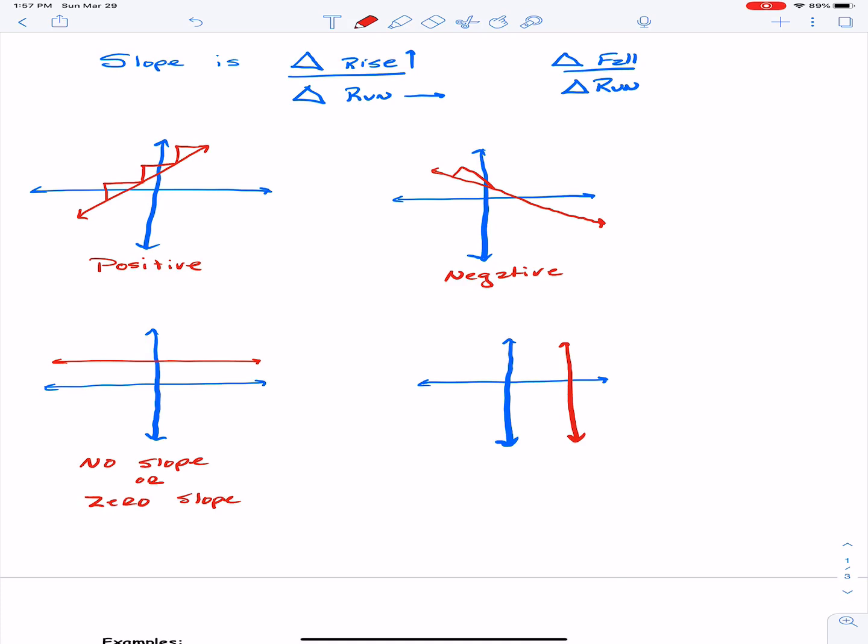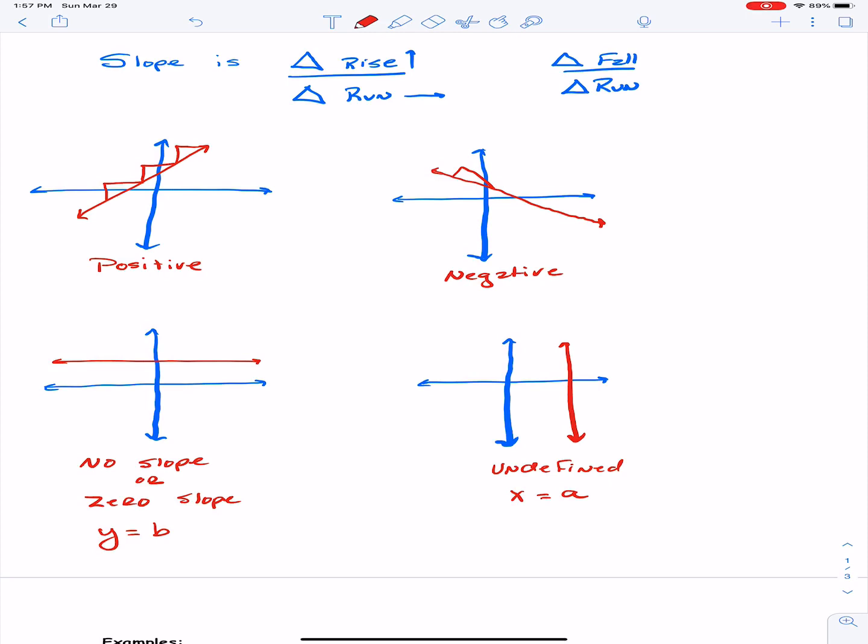We call this an undefined slope. These kinds of equations will always be x equals some number a, okay? Whereas our no slope lines will always be y equals some number, okay? So those are the 4 types of slope.